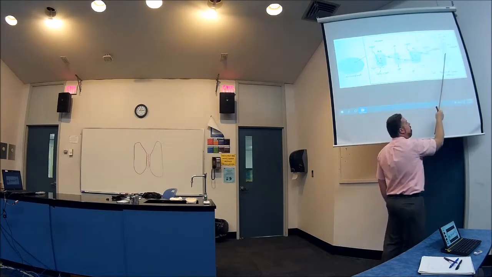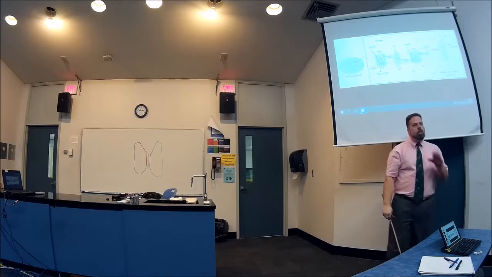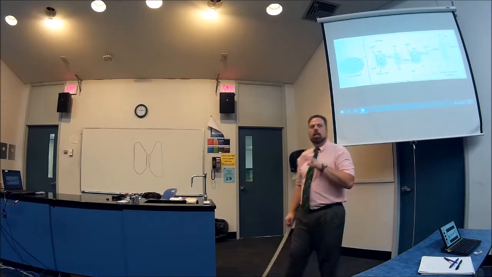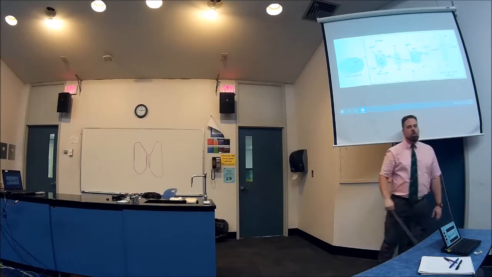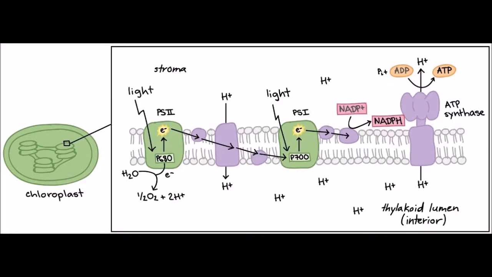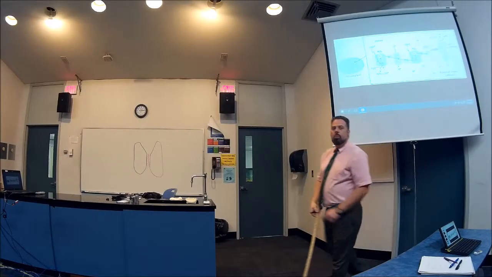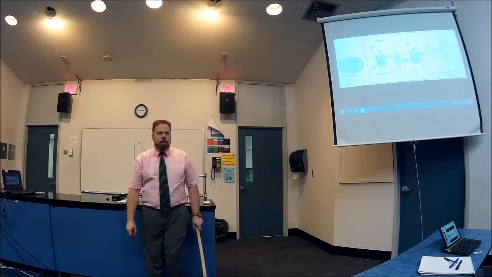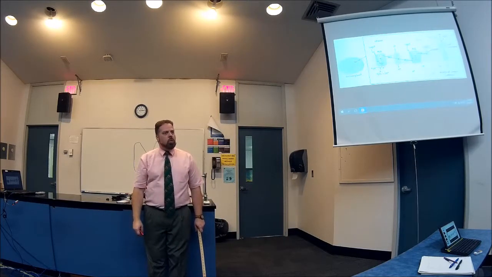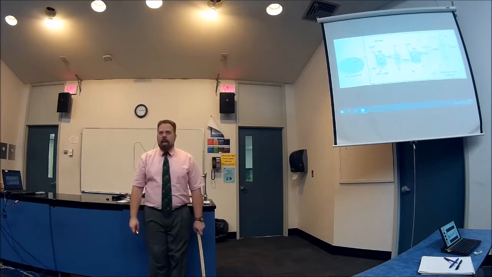But this is not part of the electron transport chain, just as in mitochondria it wasn't either. This is called chemiosmosis. It's using the power of hydrogen protons to make ATP.